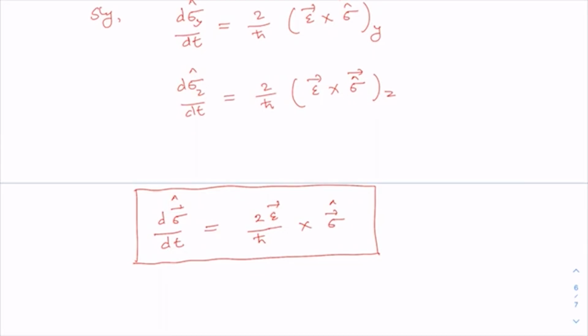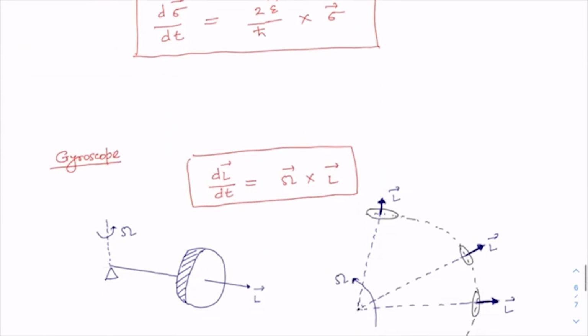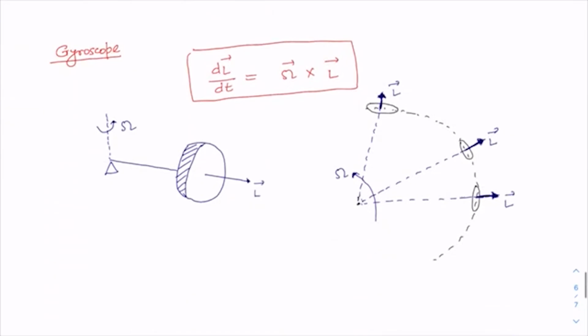Okay, so this gives us the time evolution of the Pauli matrix, and this equation should remind you of the gyroscope you may have studied in your classical mechanics course. In the case of a gyroscope, you may have encountered this equation dL by dt is equal to omega cross L, where L is the angular momentum directed along the axle and omega is the angular velocity of the axle about the vertical.